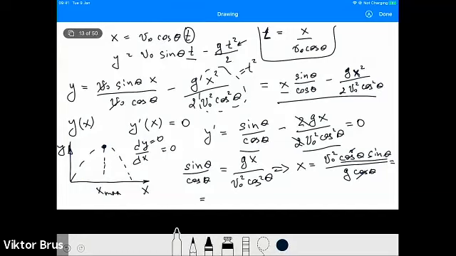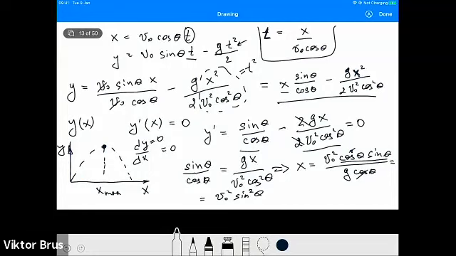It will be v naught squared multiplied by sine 2 theta.